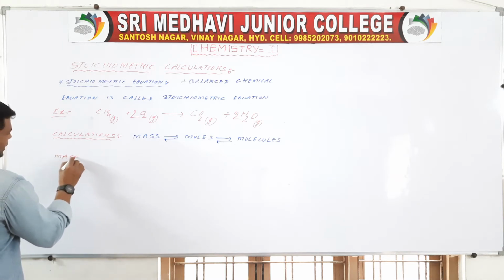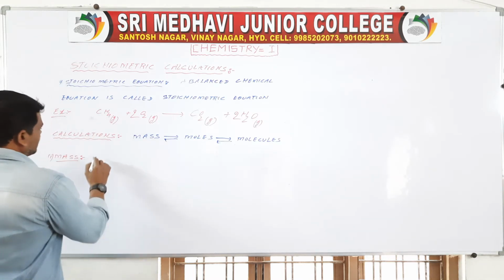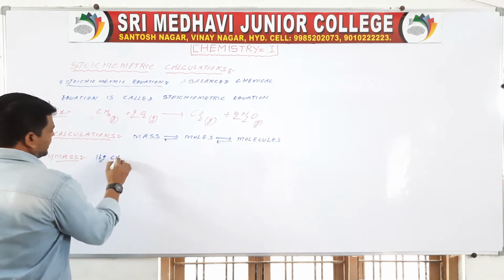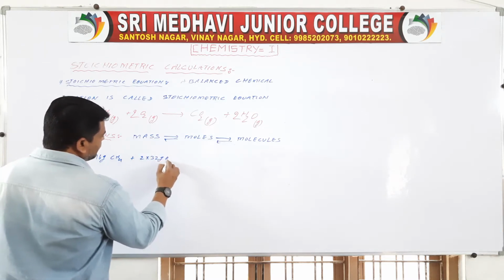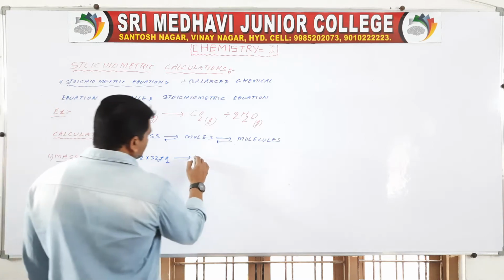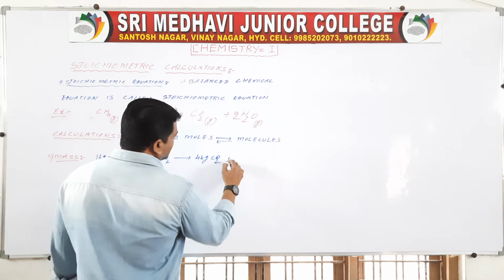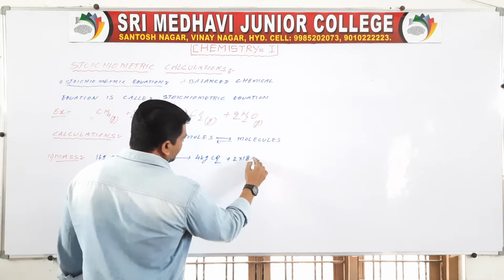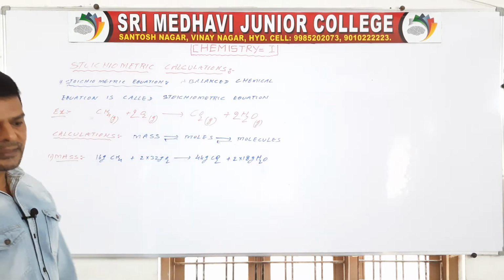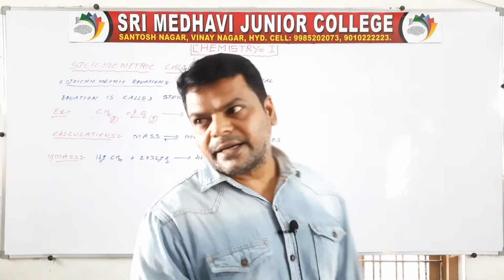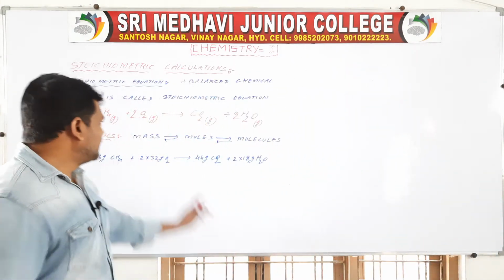First, I am going to take the mass calculation. Here 16 grams of CH4 plus 2 into 32 grams of O2 gives rise to 44 grams of CO2 plus 2 into 18 grams of H2O. These are molecular masses; molecular weight I have taken in grams. Then mass is over.